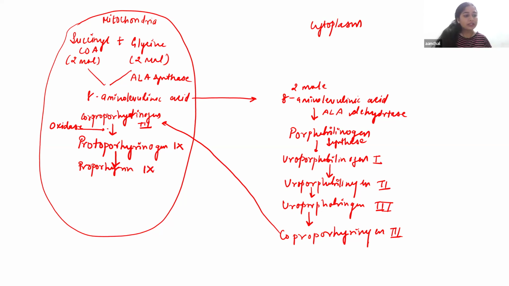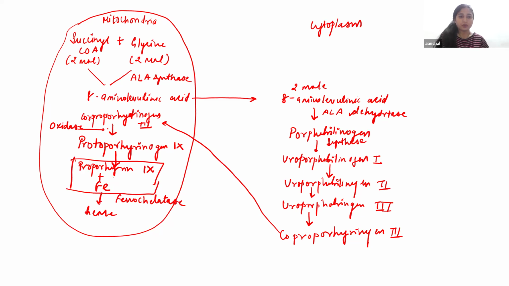Now protoporphyrin 9 combines with iron to form heme in the presence of an enzyme known as ferrochelatase. So this is how the synthesis of heme takes place, finally inside the mitochondria.